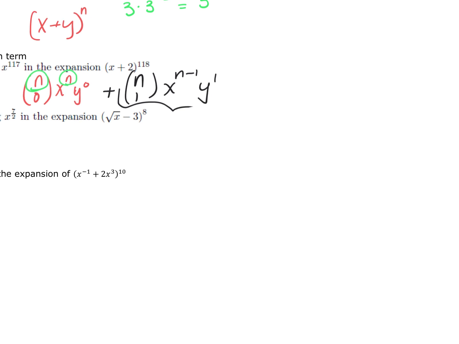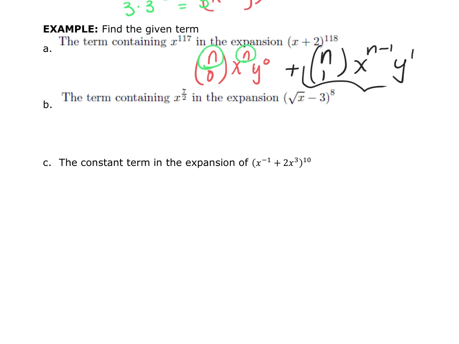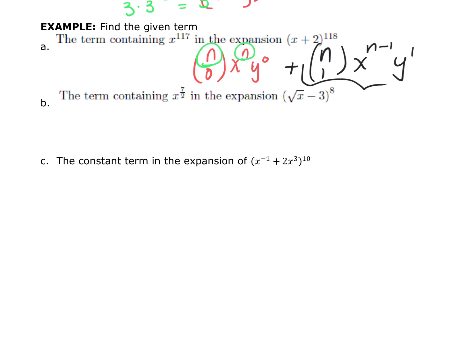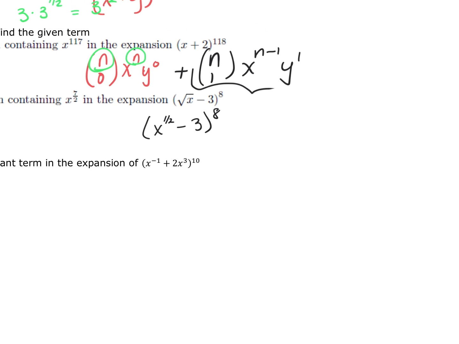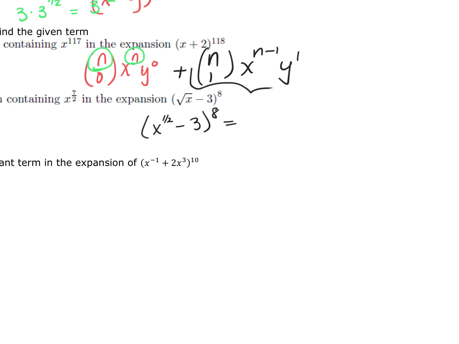Now, my next one here, I want the one containing x to the 7 over 2. Remember, I can write this as x raised to the 1/2 minus 3, all raised to the 8. If I were to start expanding this out, I would have 8 choose 0, x raised to the 1/2 raised to the 8th power, negative 3 raised to the 0 power.